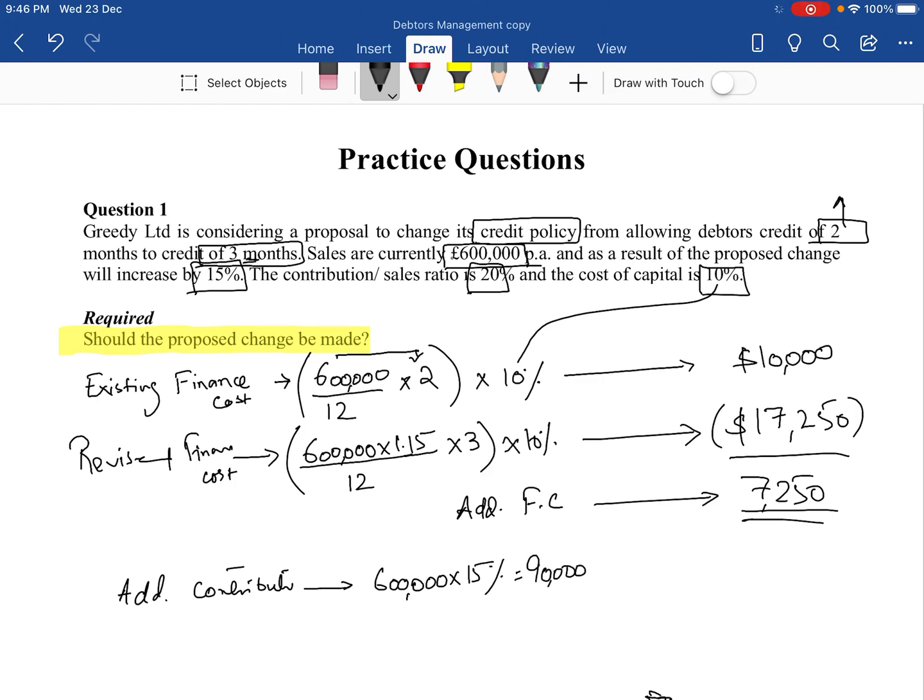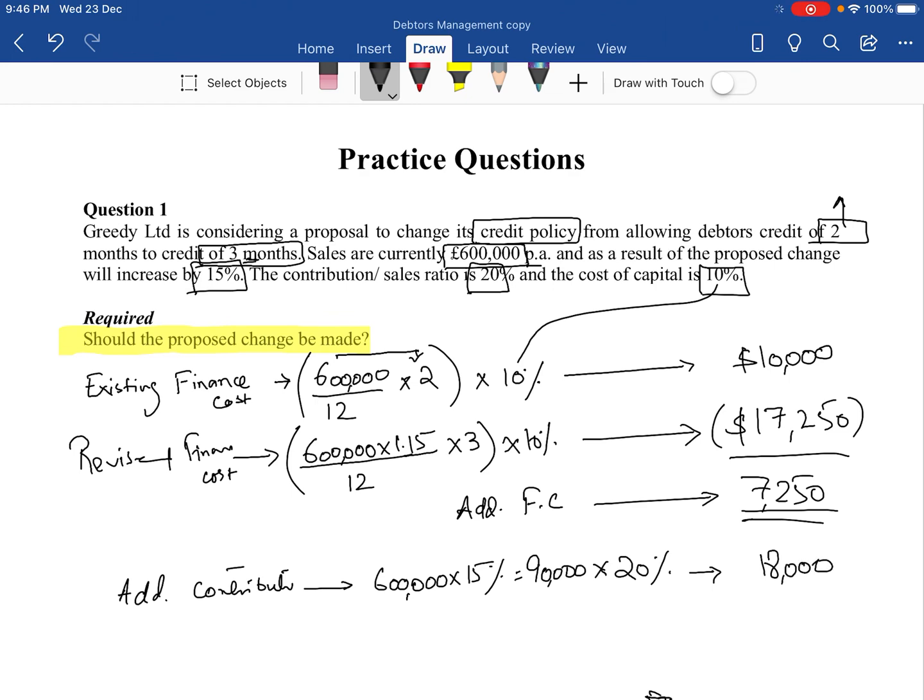But as you know, additional sales will always call for additional variable cost, therefore we should pick up the contribution rather than the sales figure, and the contribution percentage is 20%. So the contribution that the company is going to earn from $90,000 additional sales will be $18,000.